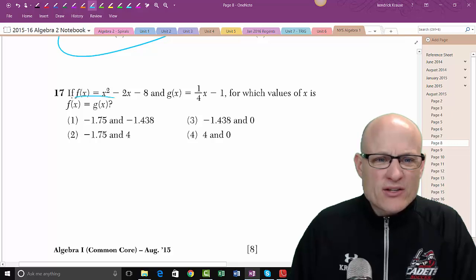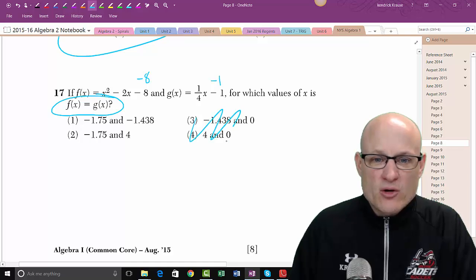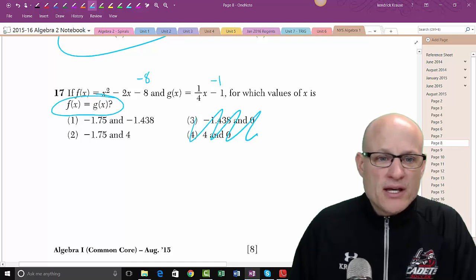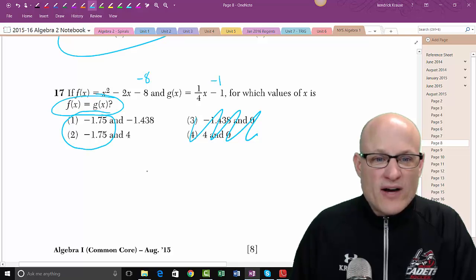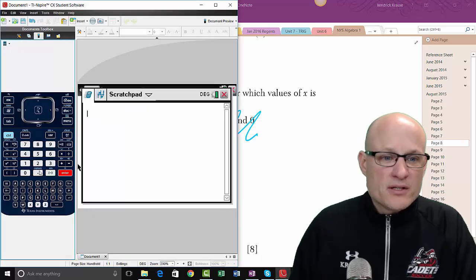When does f of x equal g of x? Well, if you plug in 0, this is negative 8, and if you plug in 0 here, this is negative 1. So I know it's not 0. I know then negative 1.75 works. So the only one I have to figure out is which one of these two is right. So I'm just going to plug them in.